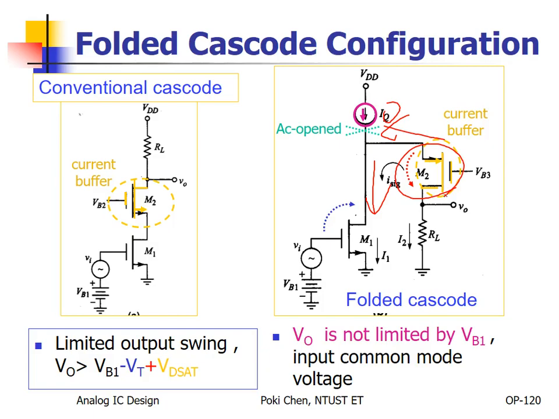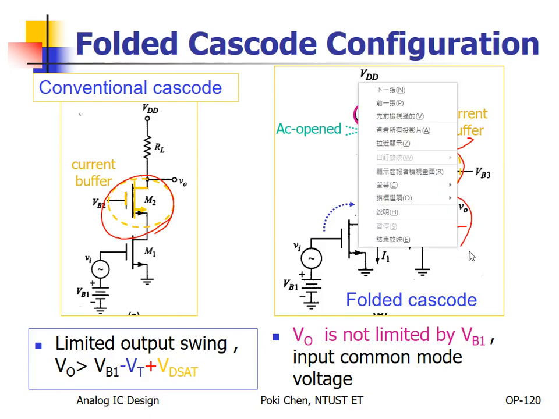Okay? So M2 still has the same function as there. See? The input resistance should be very low to absorb, hopefully, 100% of the AC output current, then deliver it to the output. Congratulations.